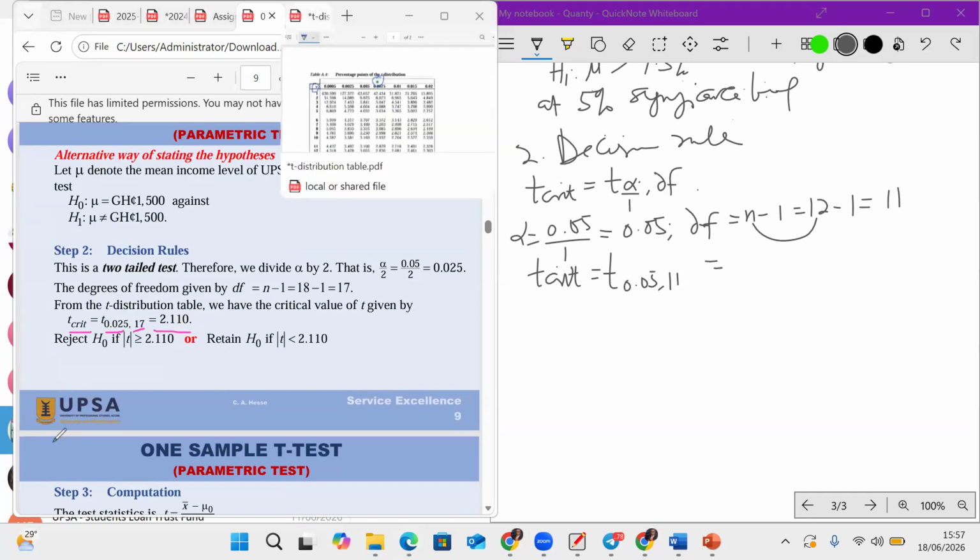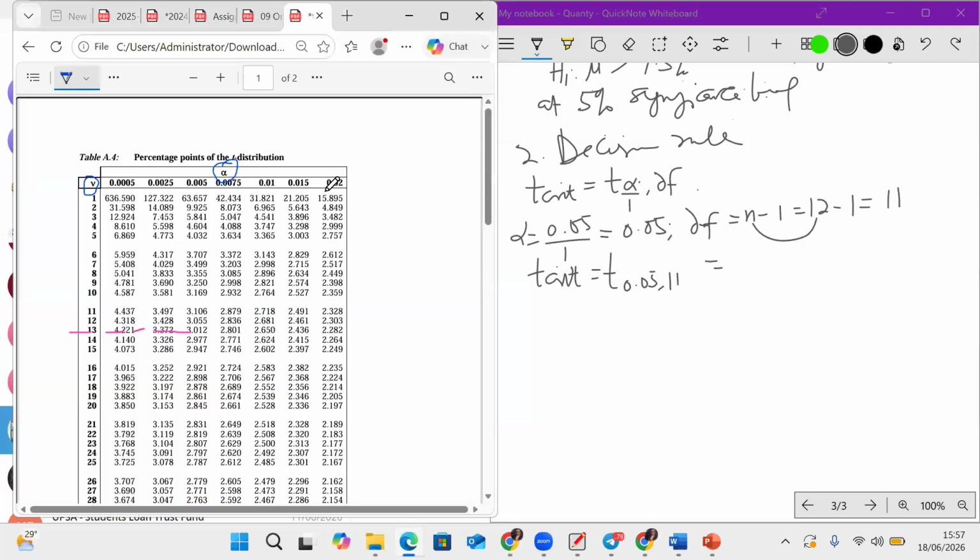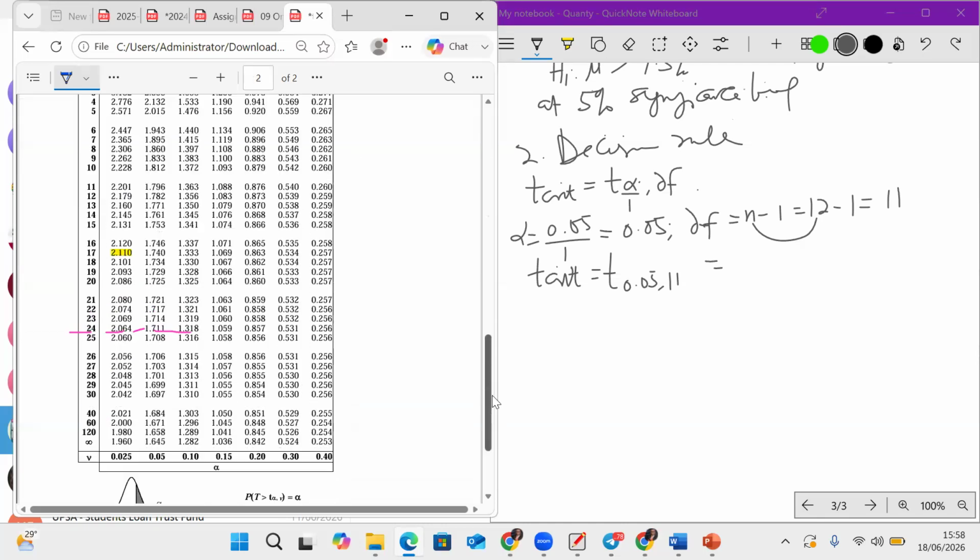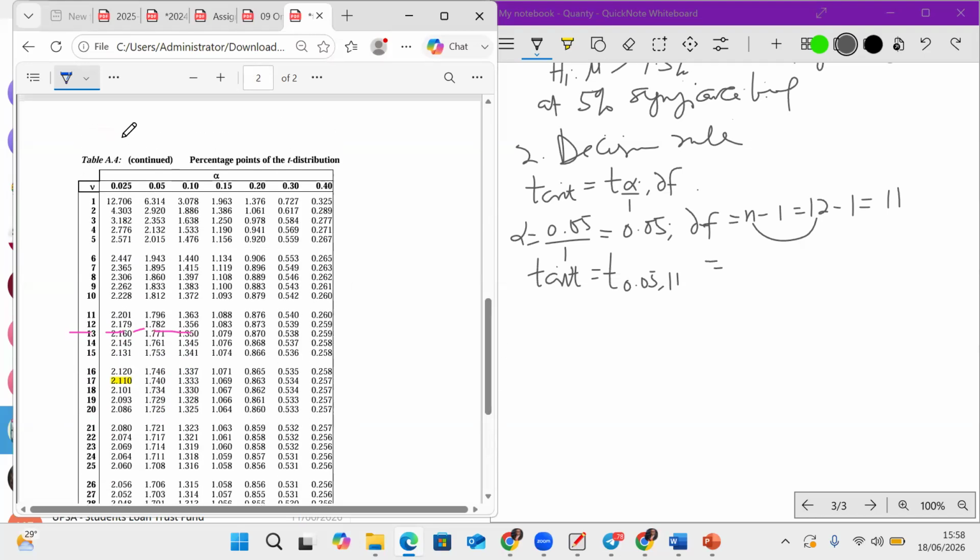So T 0.025, which is this 0.025. Oh, we don't have it here. It's on the next page. Okay, 0.025 is here. And the degree of freedom was what? 17. Look at the 17. Have you seen it? Yes, sir.